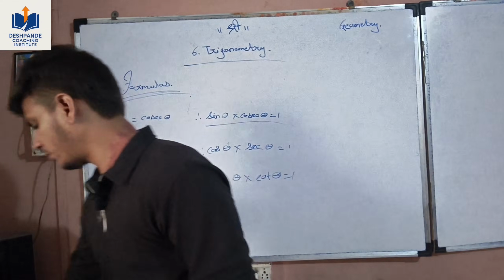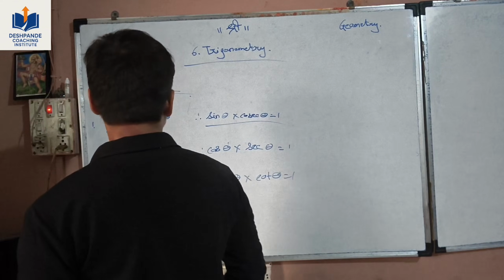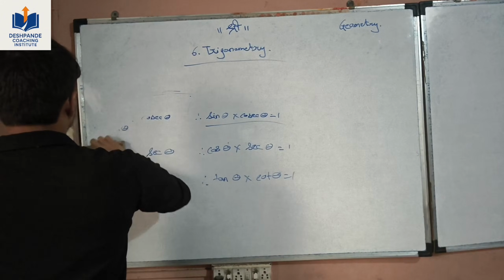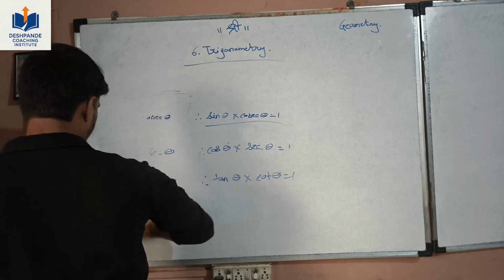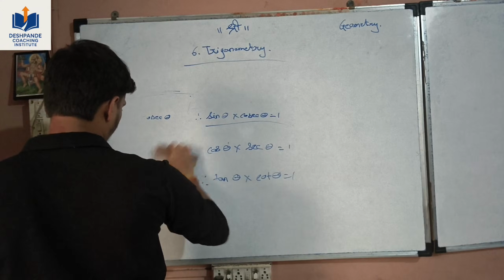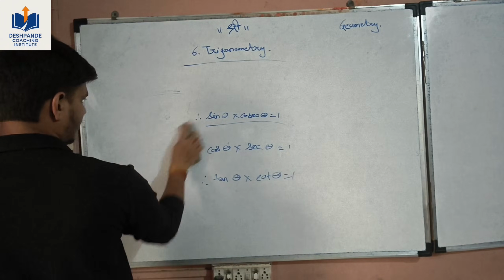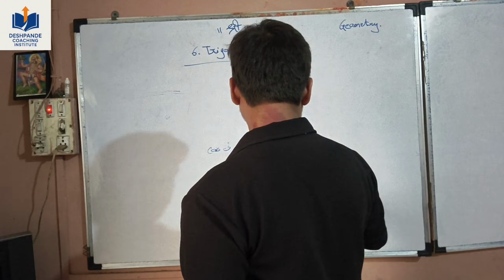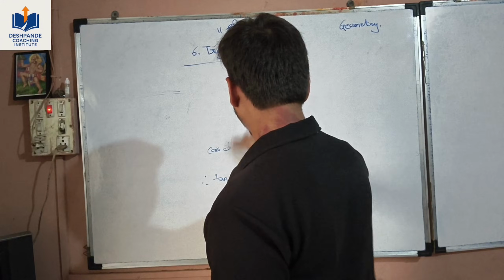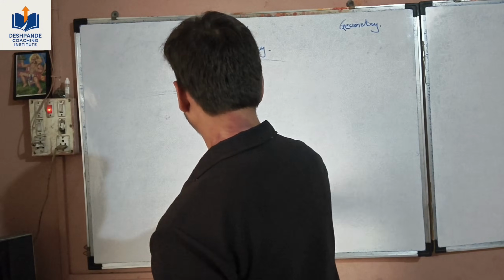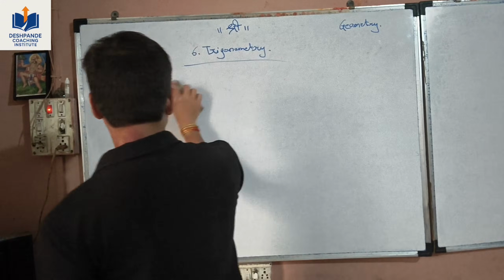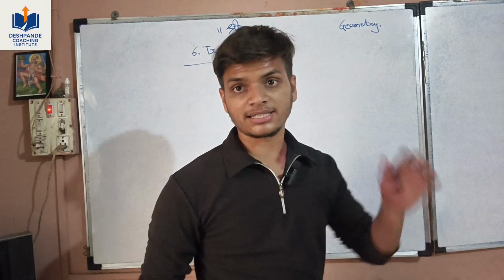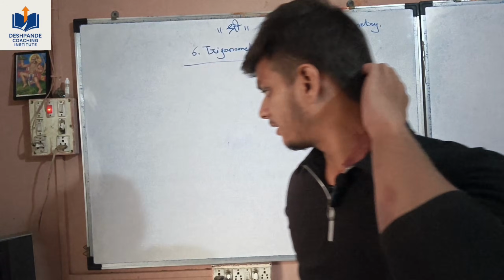Now there is a small trick to remember the table. I am telling you the trick to learn the table. A short advice from me: you can apply this in your boards. When you get your answer paper 15 minutes early, you can write this table on the last page of the answer sheet.